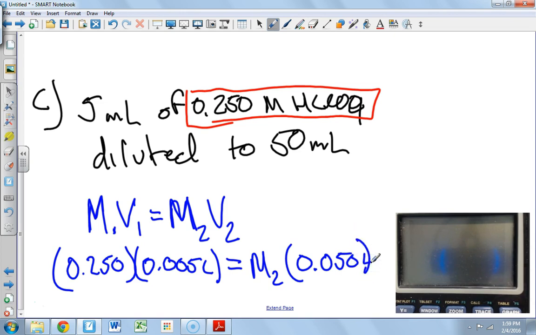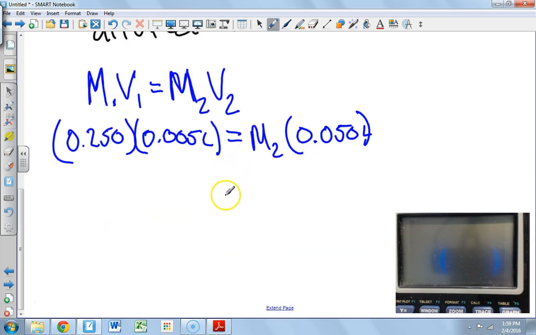Okay, so now we do math. As soon as we get to this point, now we know that M2, the new molarity after it is diluted, will be 0.250 times 0.005 divided by 0.050.